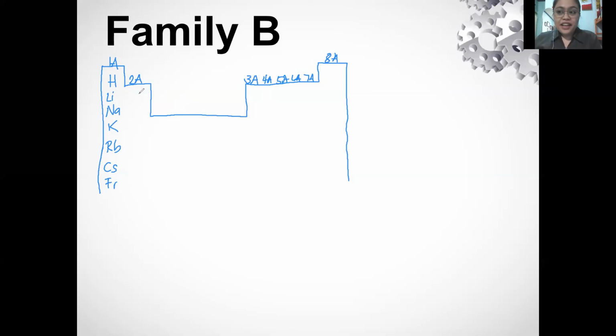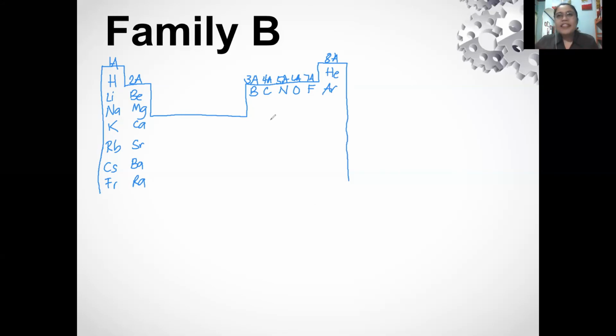I'll just write the common elements. And then we have here de, mag, ka, sir, ba, ra. And then you have here boron, carbon, nitrogen, oxygen, fluorine, and then we have helium, and then we have argon.